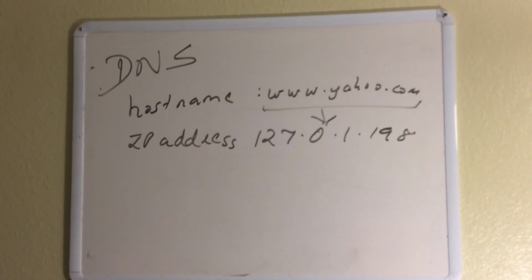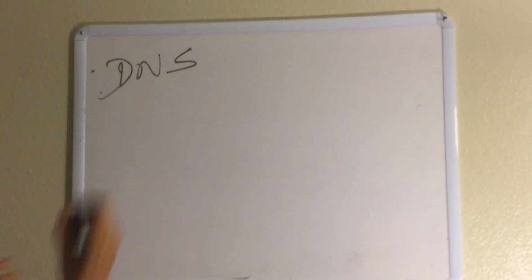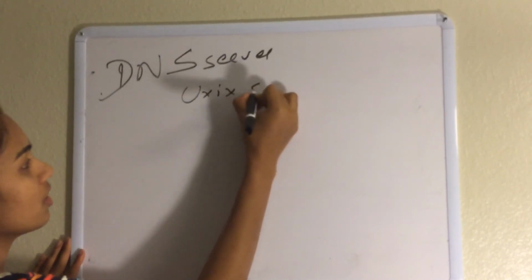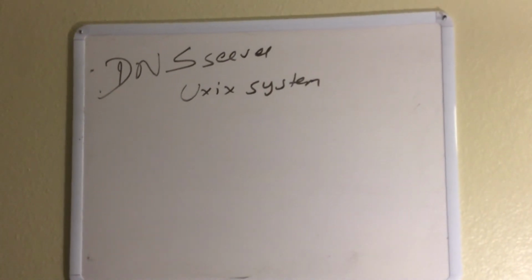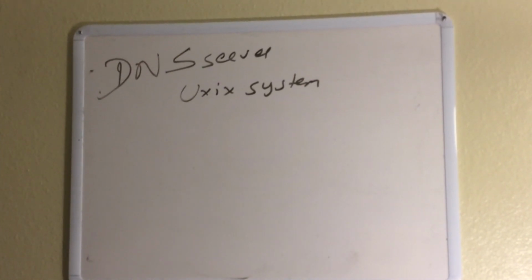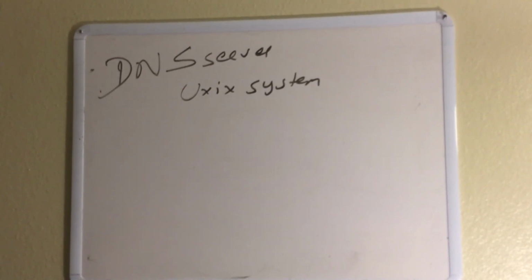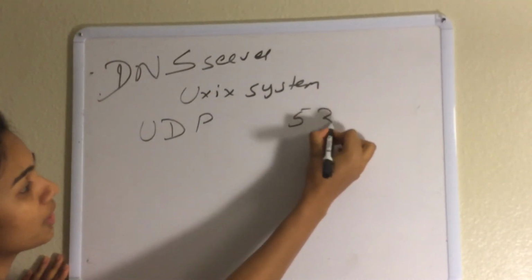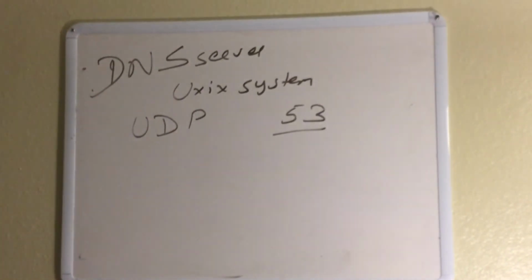The DNS servers are basically Unix systems running the Berkeley Internet Name Domain, that is, the BIND software. DNS runs over UDP and uses port number 53.